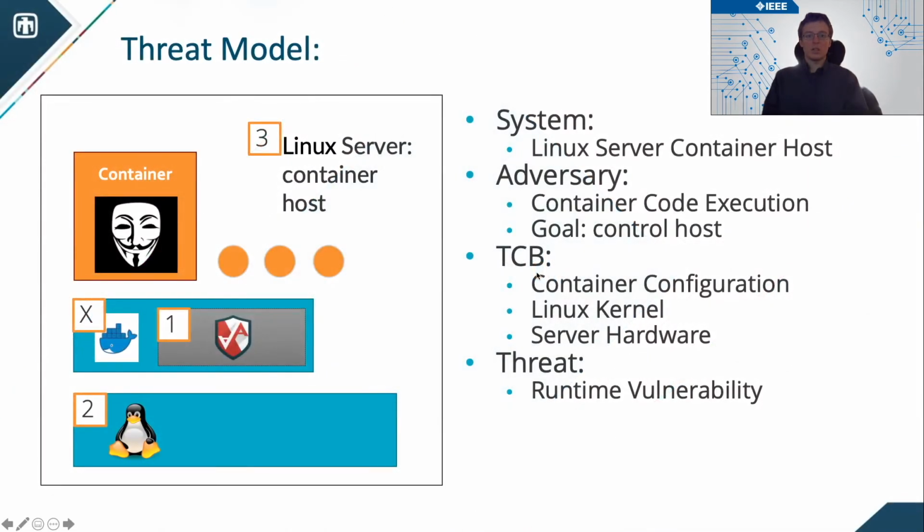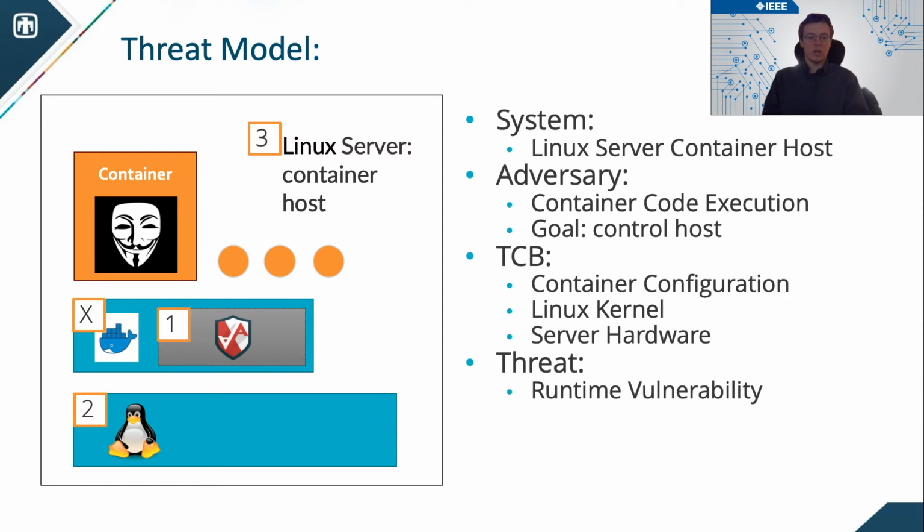In order to conduct our security study, we first built a threat model, where the system was a Linux server running containers as microservices or as a container as a service provider. We assume that the adversary had code execution inside the container image, either through a remote code execution vulnerability present in the container, buying the service as a container as a service provider, or through the administrator downloading a malicious image and executing it.